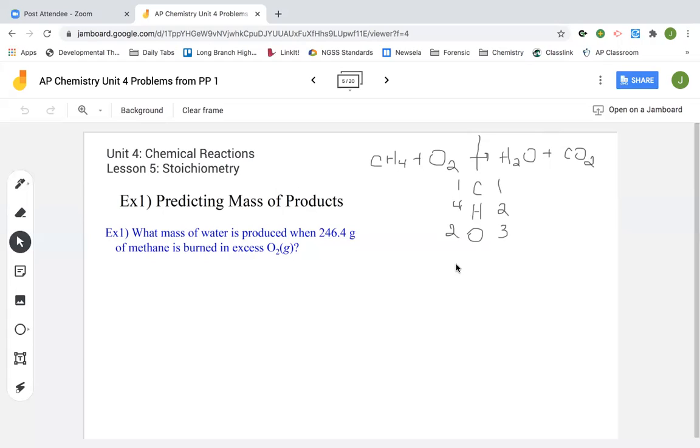So we're going to go to the right side, and we're going to add a 2 in front of the water. Now that 2 is going to change how many hydrogens we have. So we now have 4 hydrogens. However, that 2 also changes how many oxygens we have. So the new amount of oxygens, we have 2 right here and 2 over here. So now we have 4 oxygens.